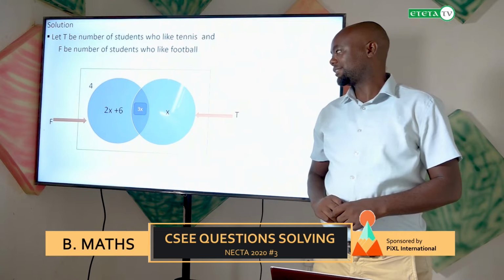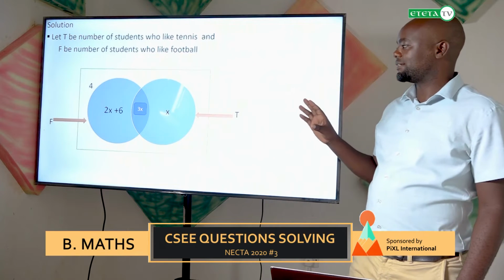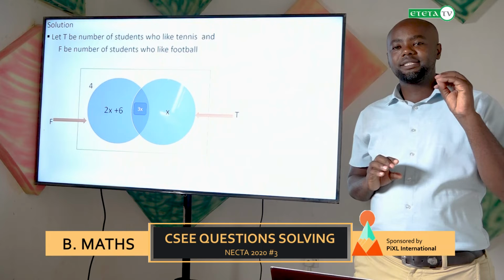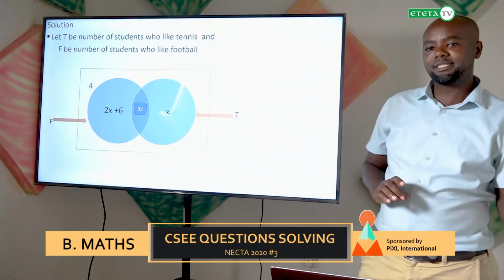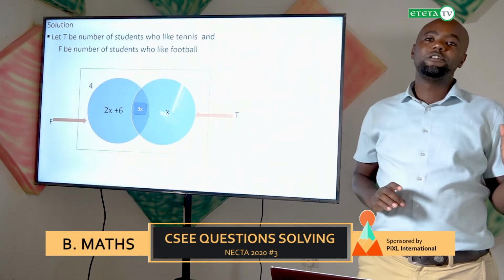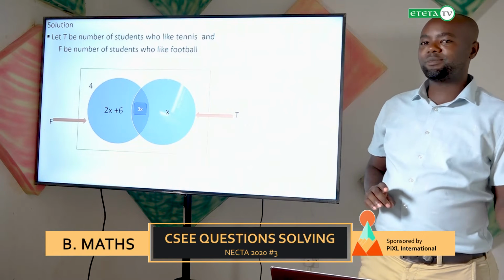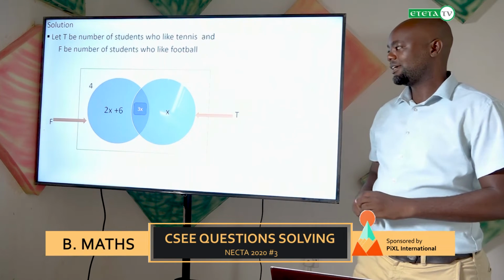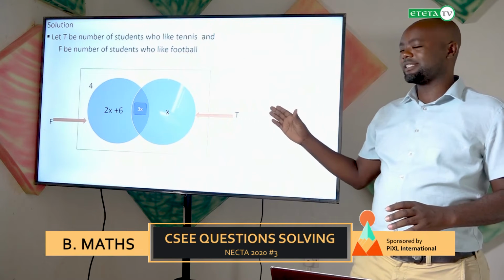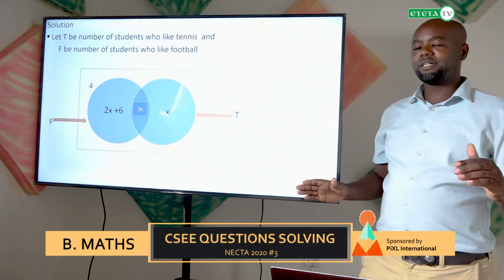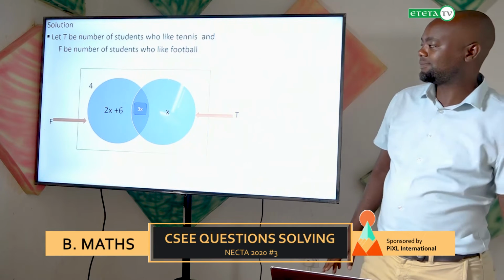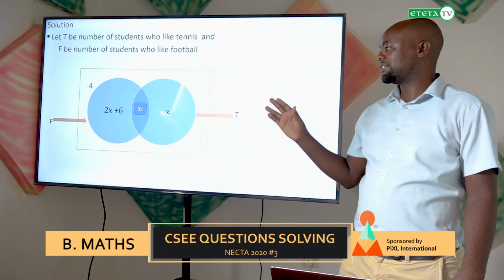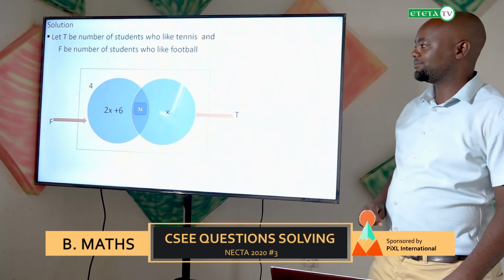Why is there 3x? From the information, students who like both tennis and football should be 3 times the number of students who like tennis only. The number of students who like tennis only is x, so we take 3 times x, and we get 3x.